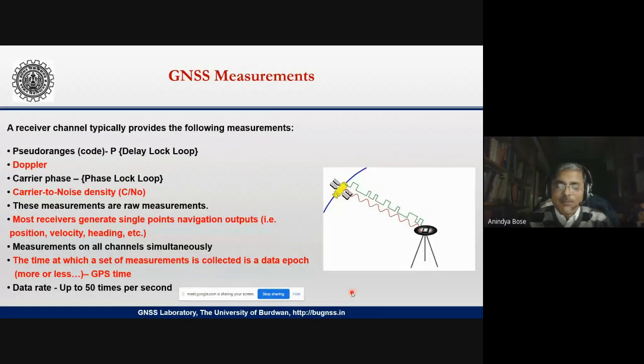Externally, we have an antenna which is generally put in an open view of the sky, with no obstruction, and from there we take a cable and connect it with the receiver. Or in real life applications, there may be an embedded antenna on top of the box.